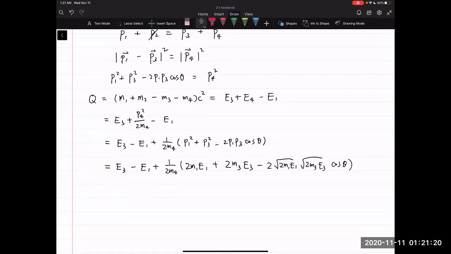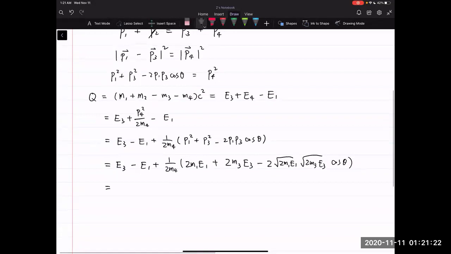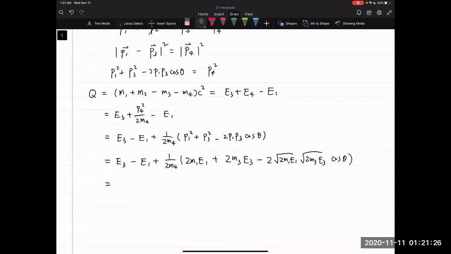We can make it look a little clearer by collecting the terms of E3. The coefficient of E3 will be 1 plus M3 over M4.